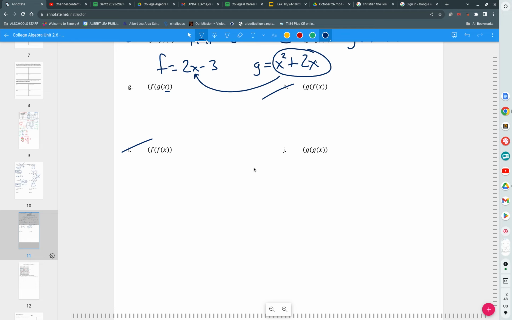And so I get 2 times x squared plus 2x, and then I have a minus 3 on the end. So I replace this x with that entire function. On the test, I'll ask you to write it without parentheses. We get 2x squared, we get 4x, we get minus 3.